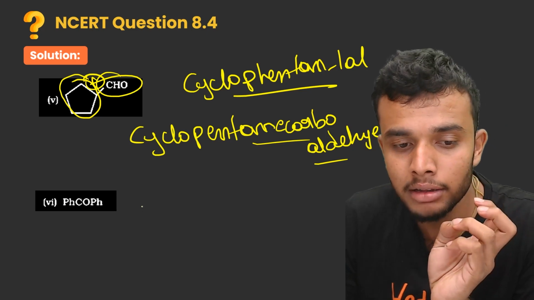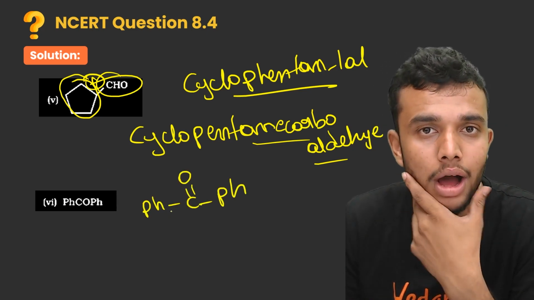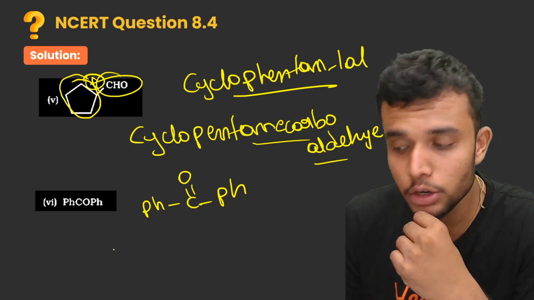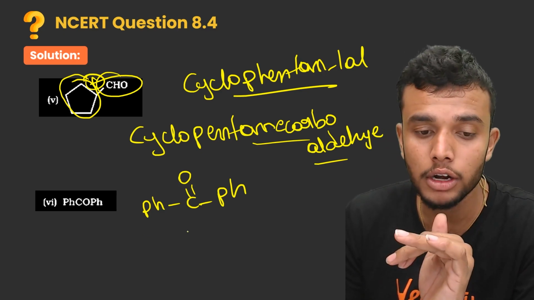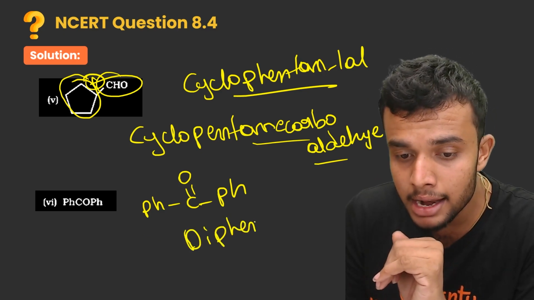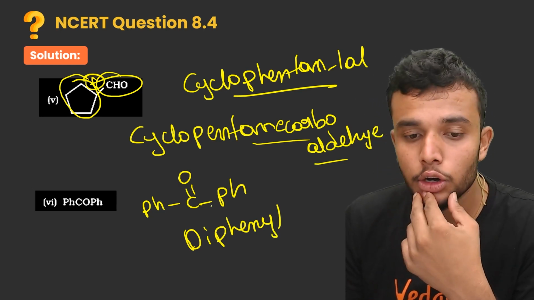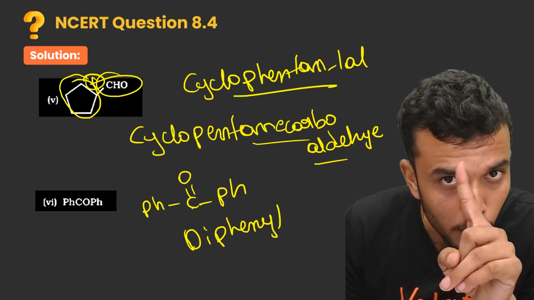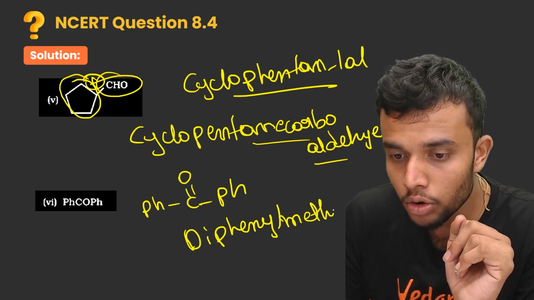The next compound looks like this. Two phenyl groups are there and one keto group is there. That's why the IUPAC name becomes diphenyl methanone. Methanone is nothing but there is only one carbon; there are no 3 carbons, right? Diphenylmethanone.